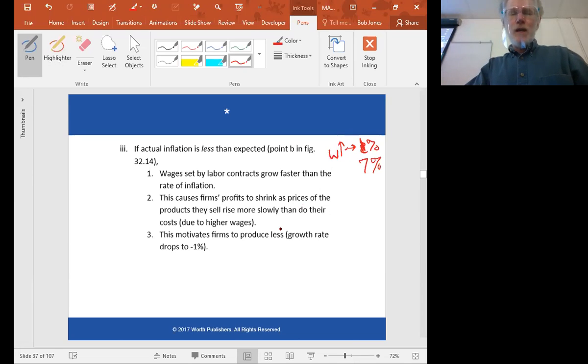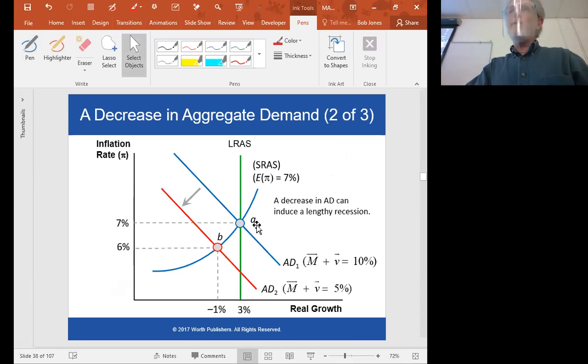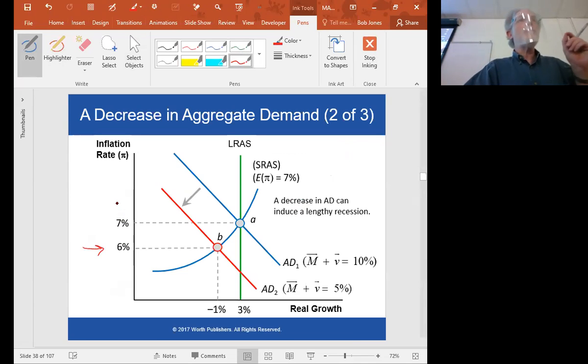But here we're saying once we get into the coming period, and if we've had a decrease in aggregate demand, if there's not as much spending as we had expected, and it turns out that the actual inflation rate is only 6%, think about that from the perspective of the employer, the firm.